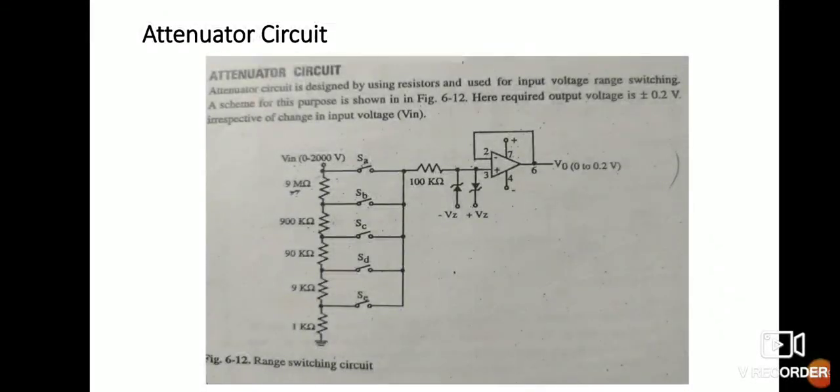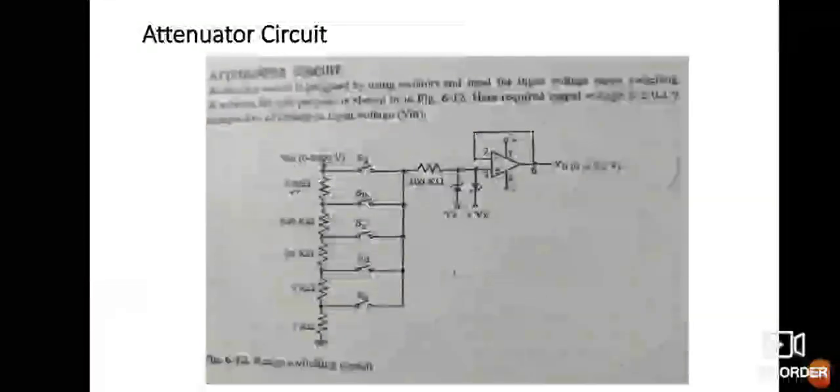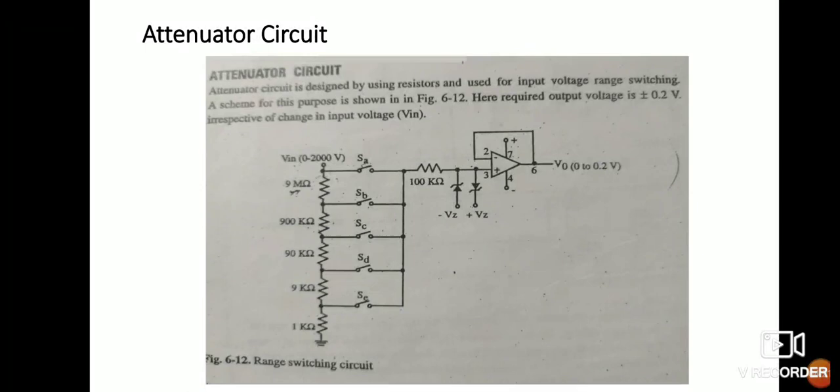The set of resistors is connected in series here. There are 5 switches: SA, SB, SC, SD and SE, with resistors 9 mega ohm, 900K, 90K, 9K and 1K. If you add all those resistors, it becomes 10 mega ohm. Do you understand?